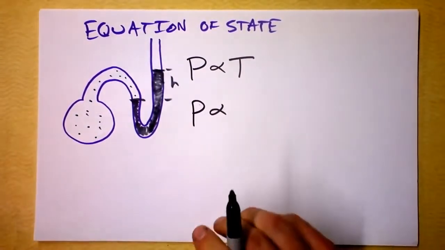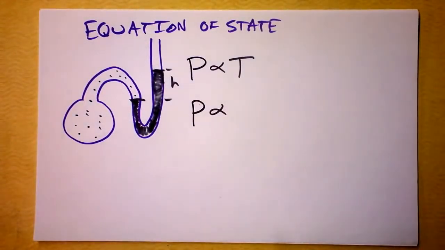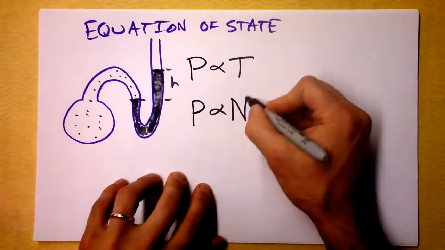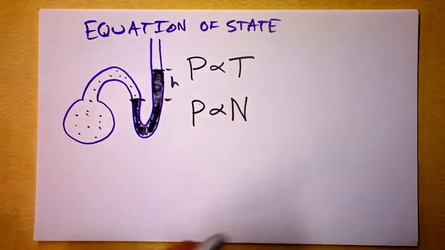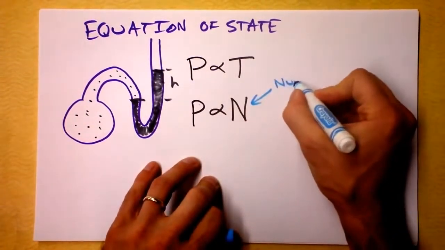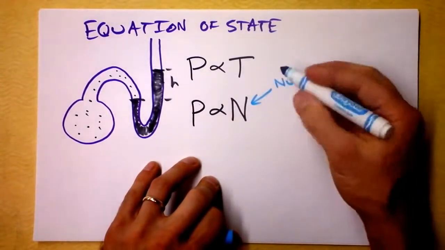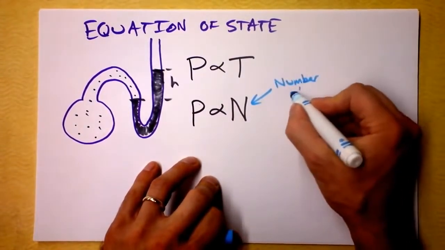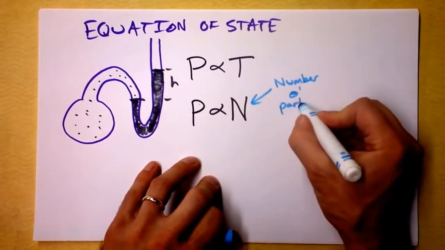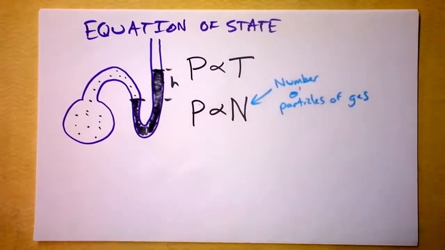If you pump up a ball, you have added more air into the middle of it, and we're going to represent more air by capital N. This would actually be the number of molecules. Maybe I could be more general and say number of particles of gas.